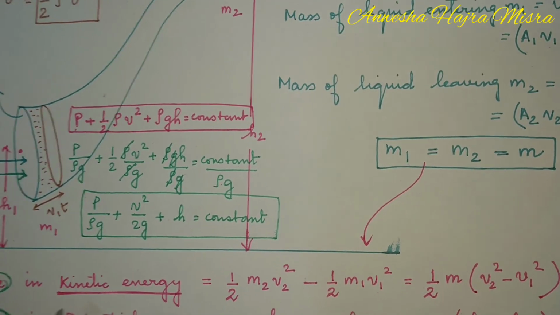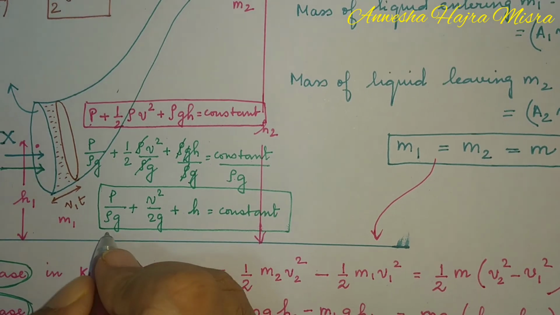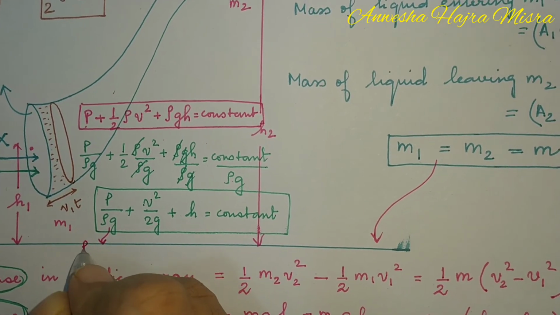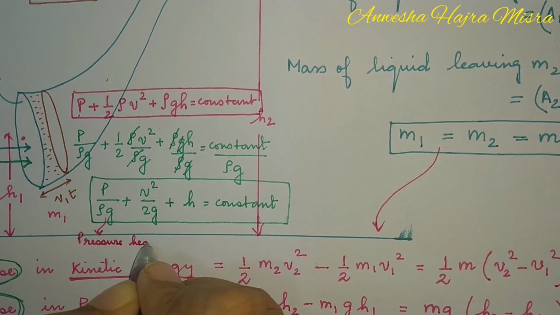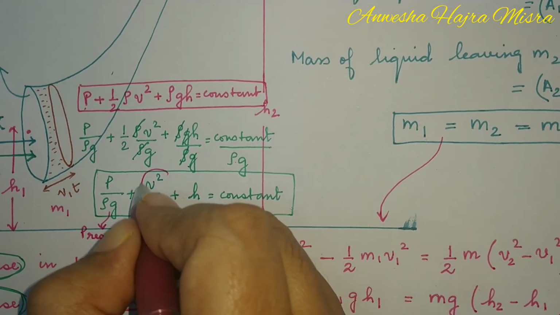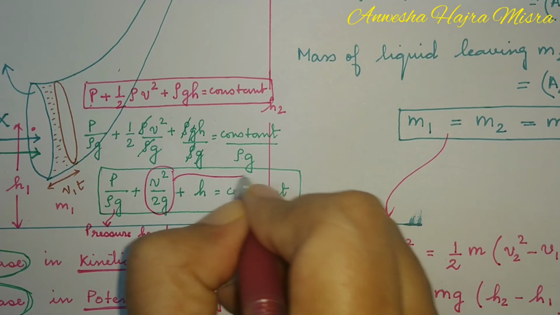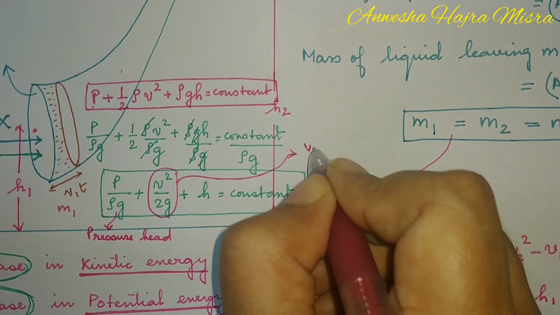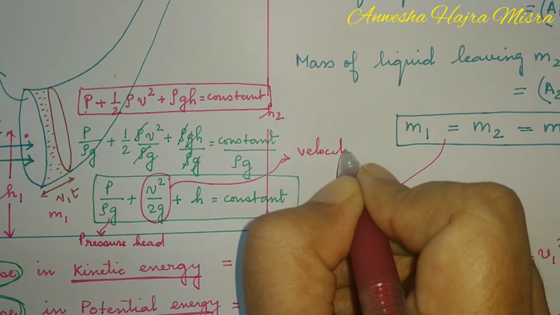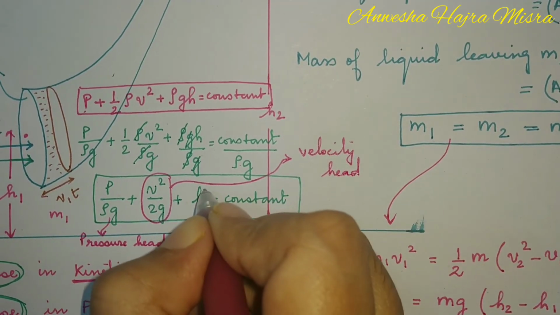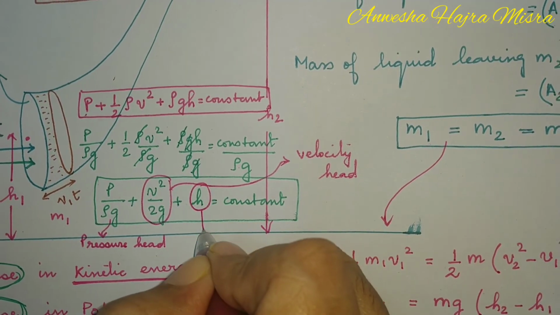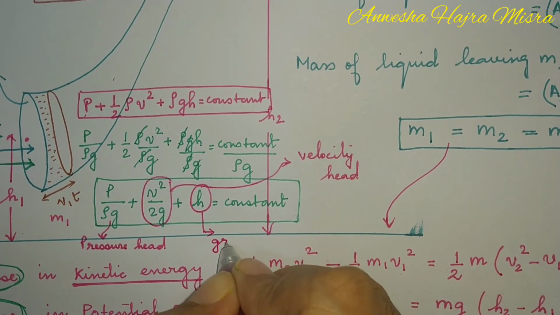Now, P by rho g is known as pressure head. V square by 2g is known as velocity head. And h is called gravitational head.